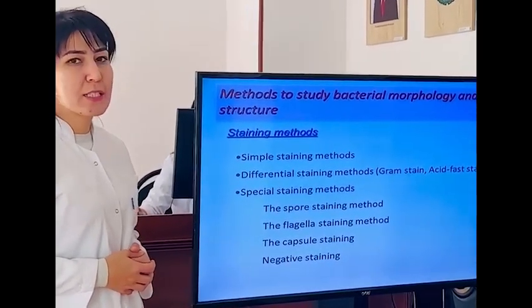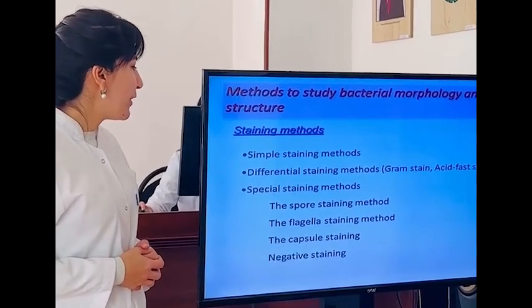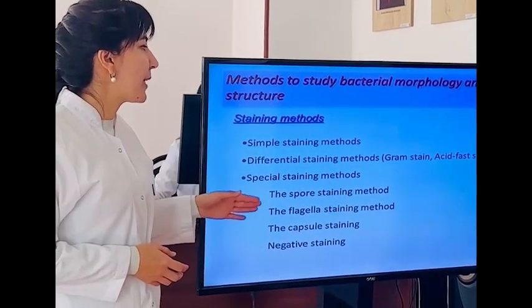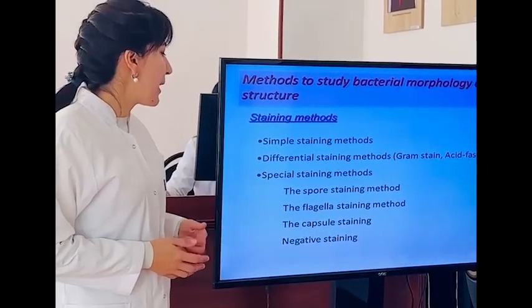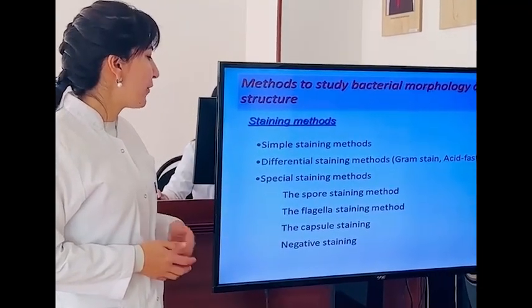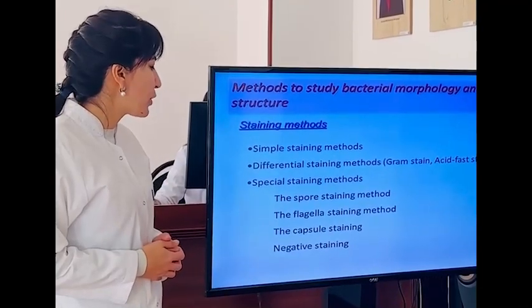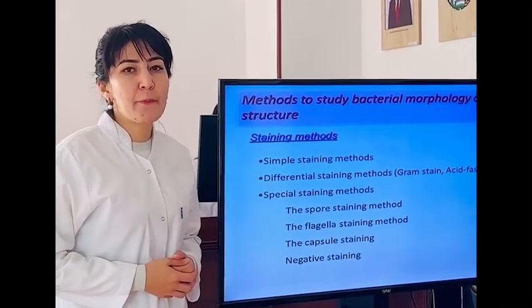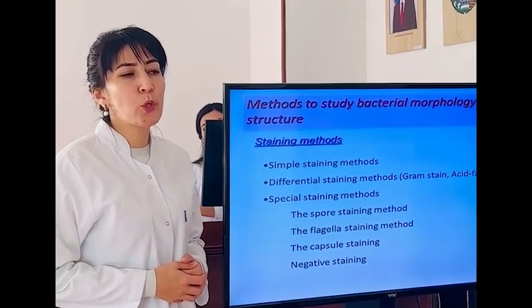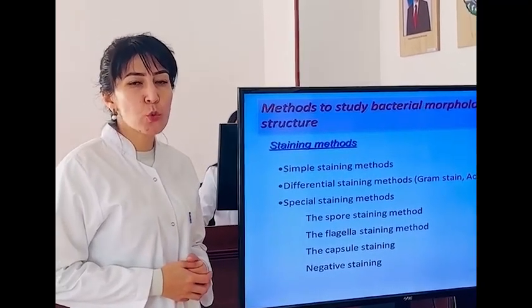We know simple staining methods, differential staining methods, gram staining, acid-fast staining, and special staining methods: spore staining, flagella staining, capsule staining, and negative staining. Today we can see a variety of staining types in the world, and all of them are important to us.